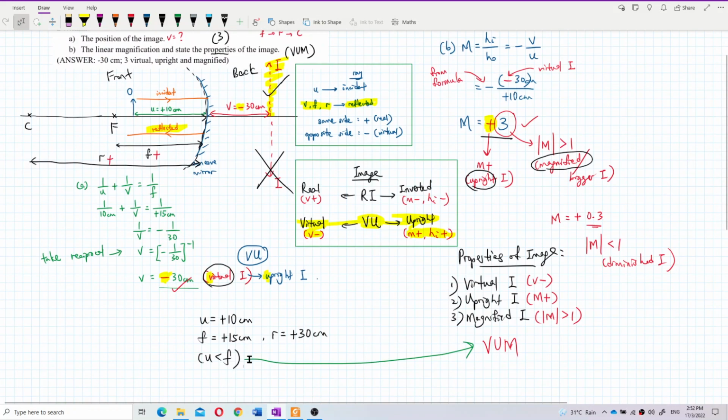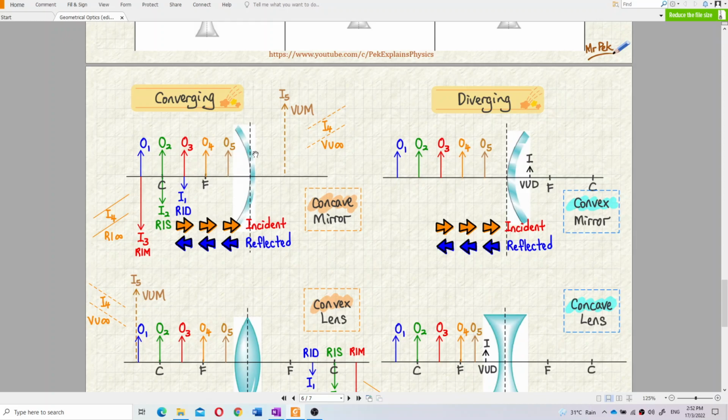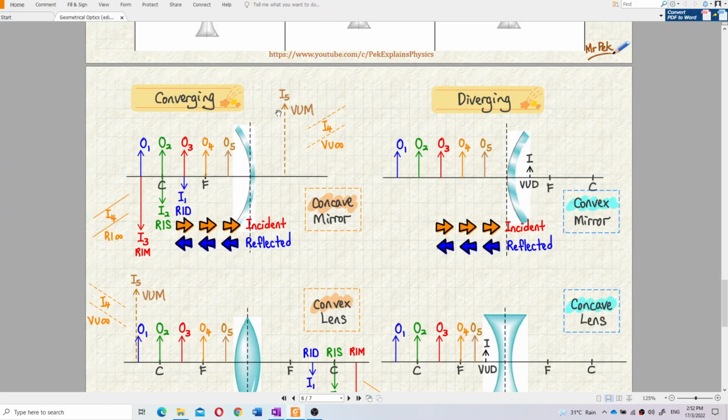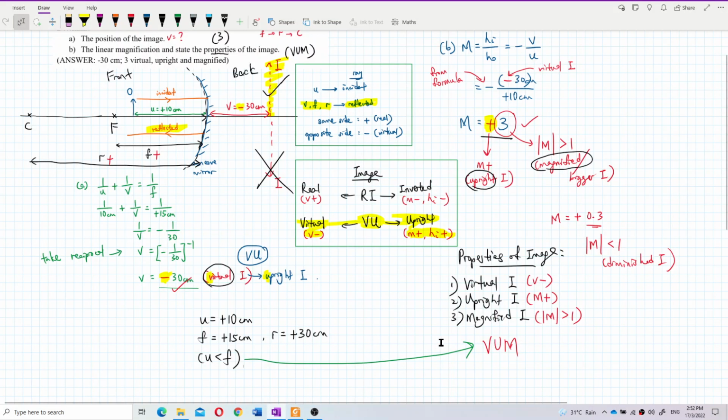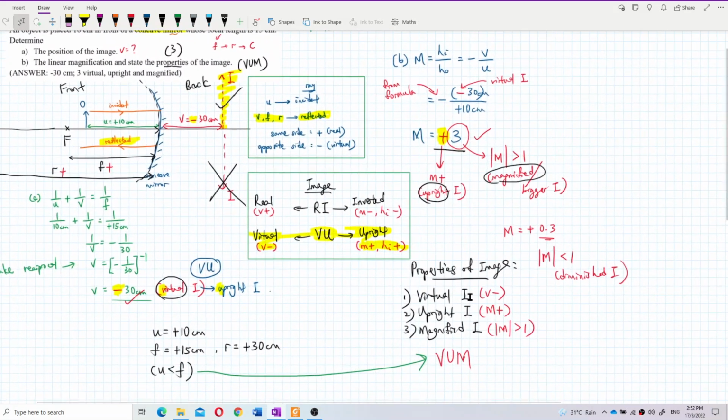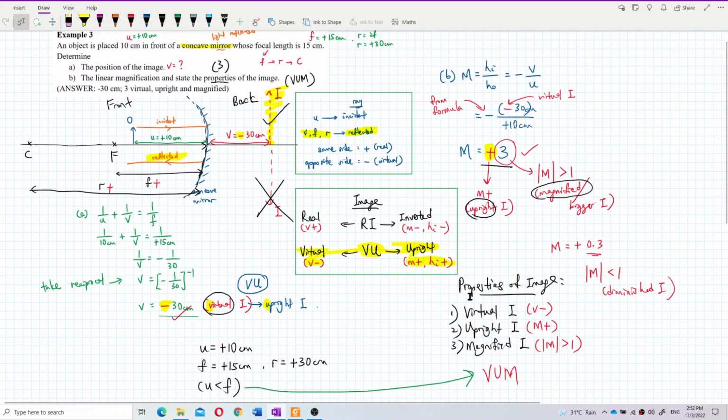You see, the U of 10 cm is less than the 15 cm focal length. So when U is less than F, you get a virtual upright magnified image. Okay, so that's all for these questions. I hope you understand. Stay tuned for the next video. Bye.